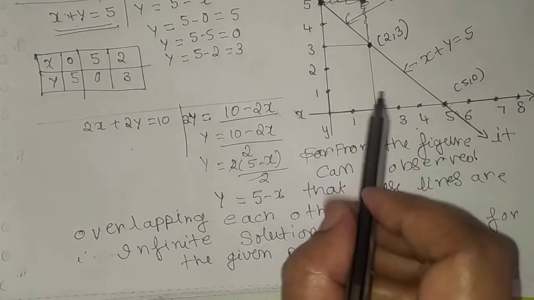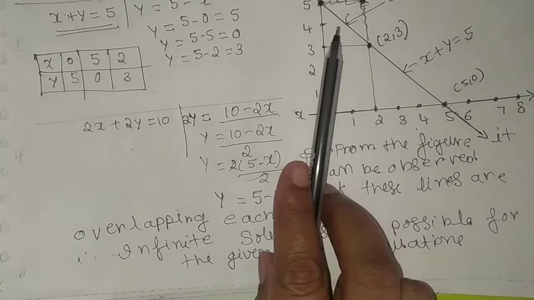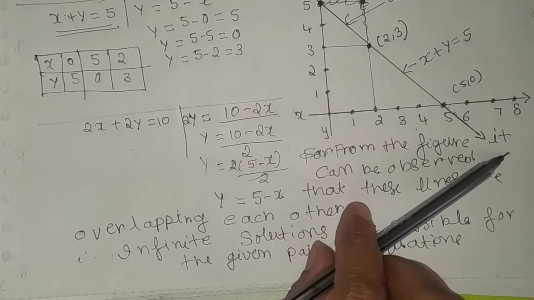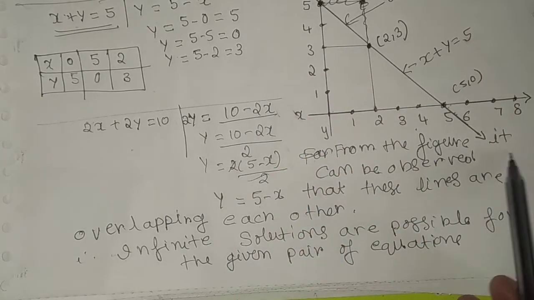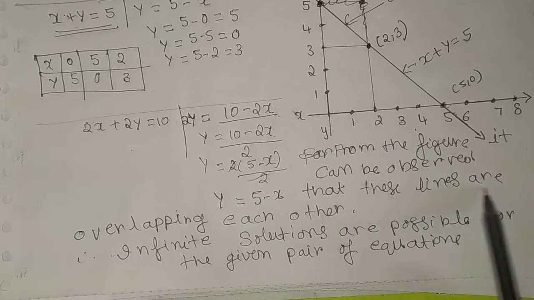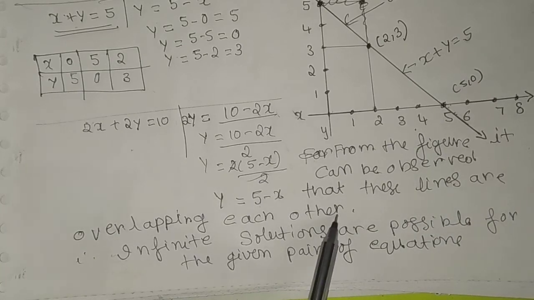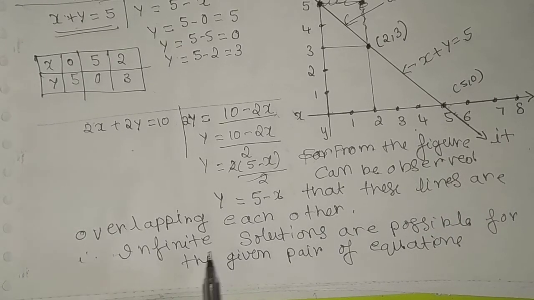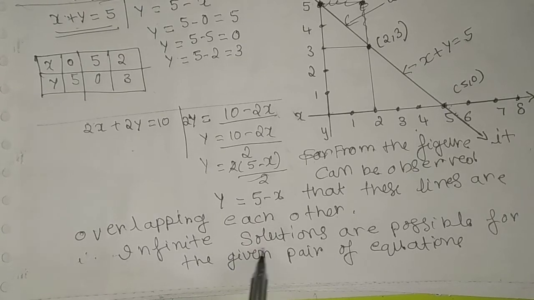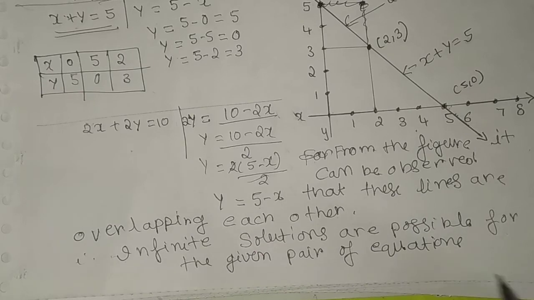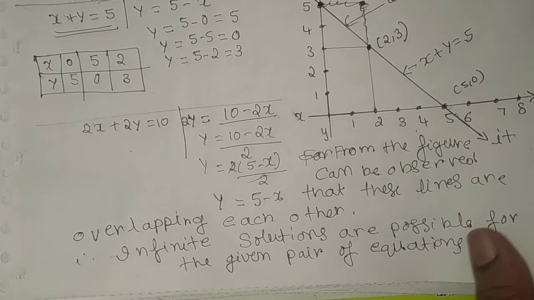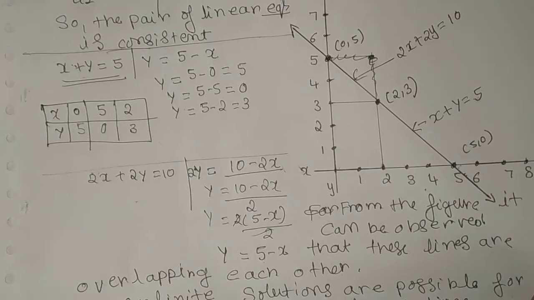Since the lines are overlapping, we are getting the solution on the same line, both the expressions lying on the same line. From the figure, it can be observed that these lines overlap each other. Therefore finally we can end the problem as infinite solutions are possible for the given pair of equations. So this is the first one.